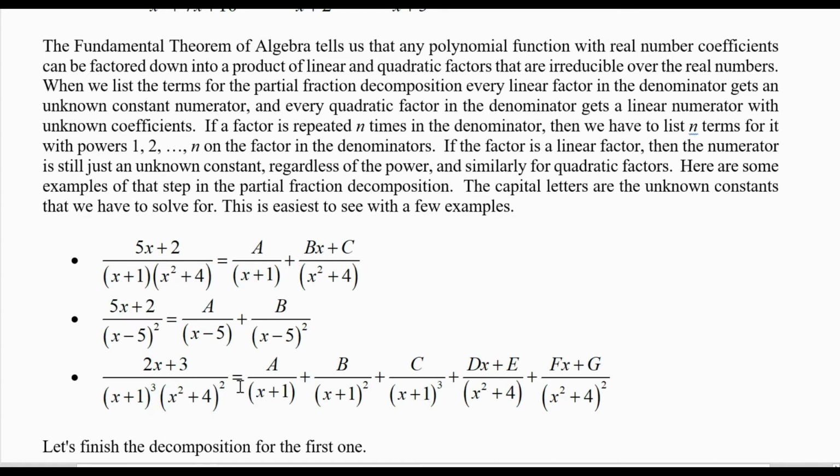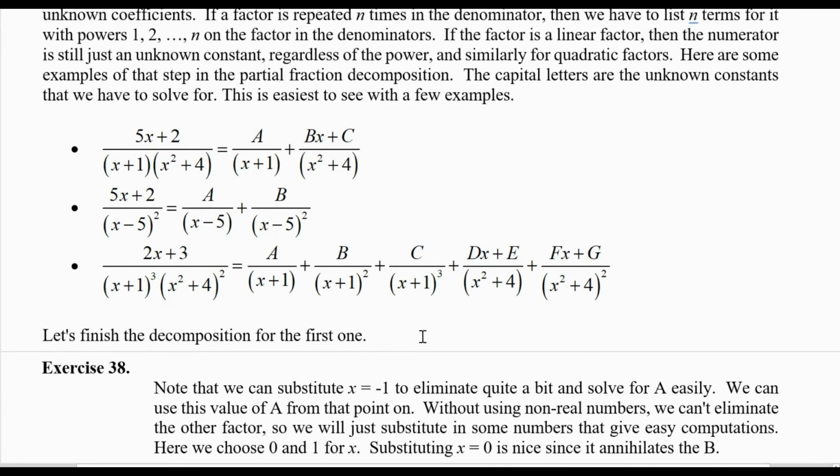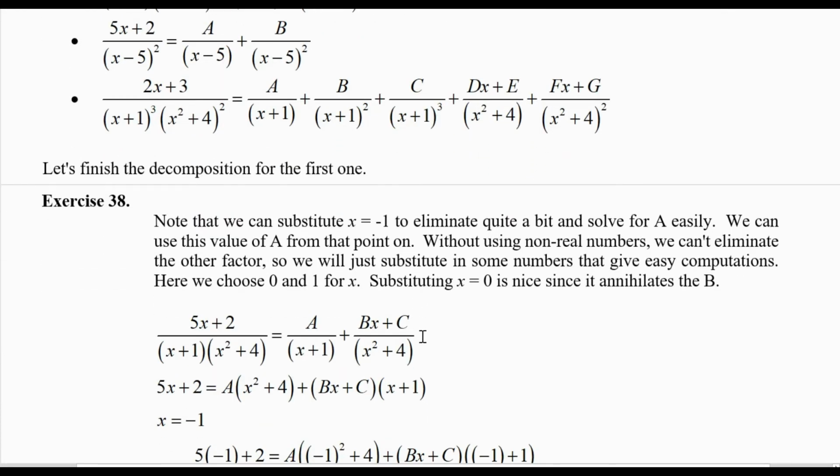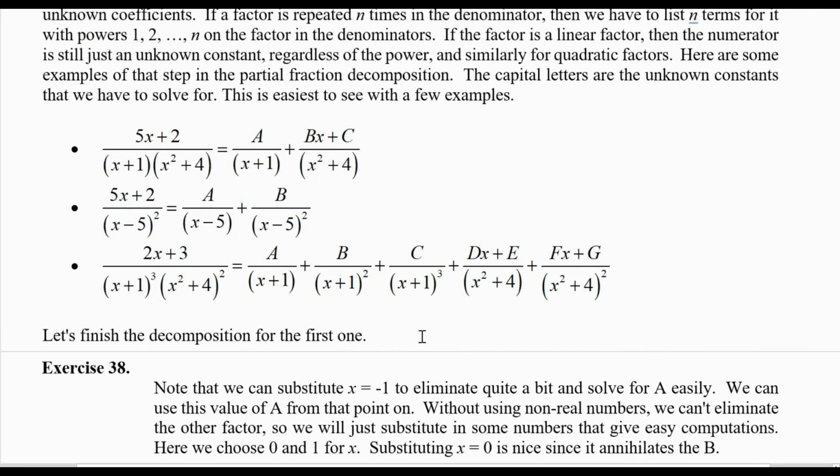This quadratic thing, since it's the second power, is going to show up to the first and the second power, each in the denominator of its own fraction. And the numerator is going to be linear: Dx + E, and then Fx + G. Let's finish this for the other one.